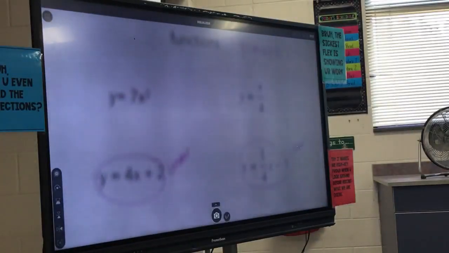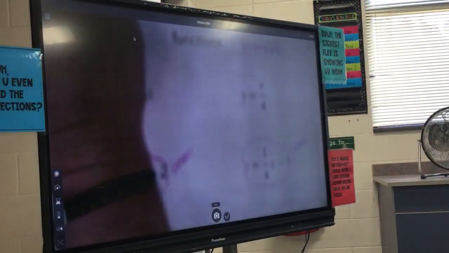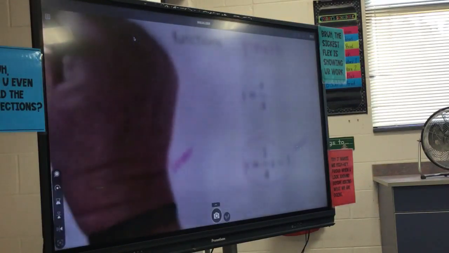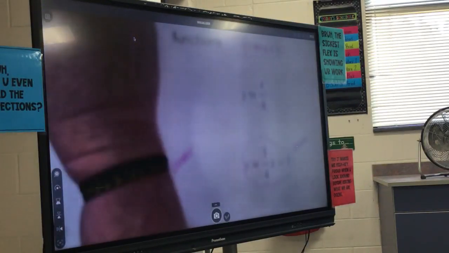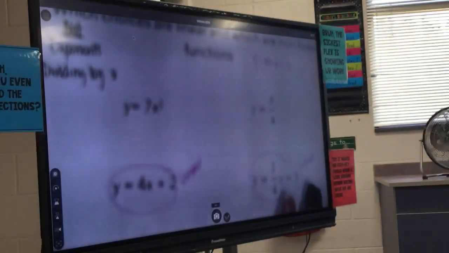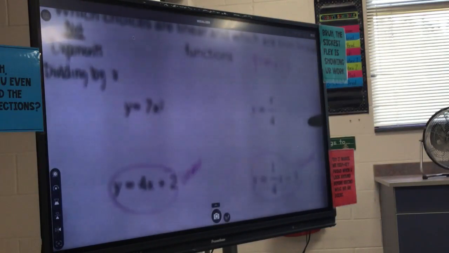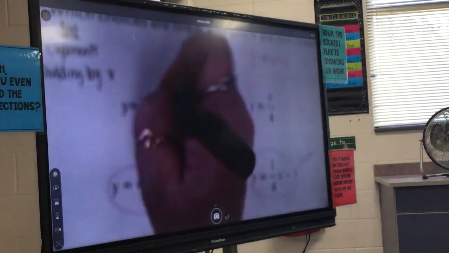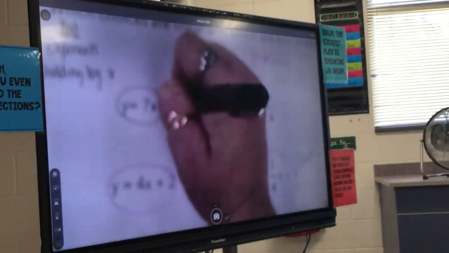If there's an exponent or if it's dividing by x. All right, so if it has an exponent or it's dividing by x, do either of those on the top fall into that? Ellie, which one? Y equals 7x to the power of 2. Okay, so this is nonlinear.